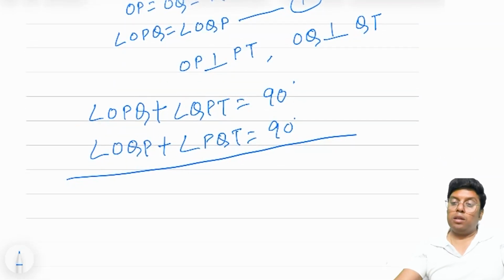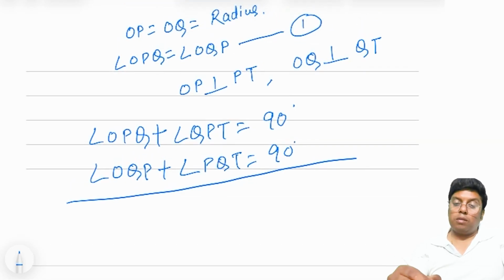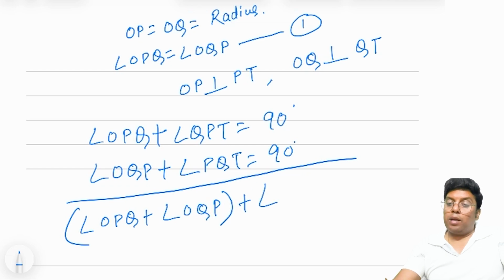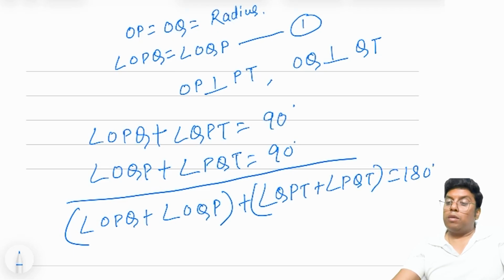Let's add these two given equations. We'll have angle OPQ plus angle OQP plus angle QPT plus angle PQT equal to 90 plus 90, 180 degree.